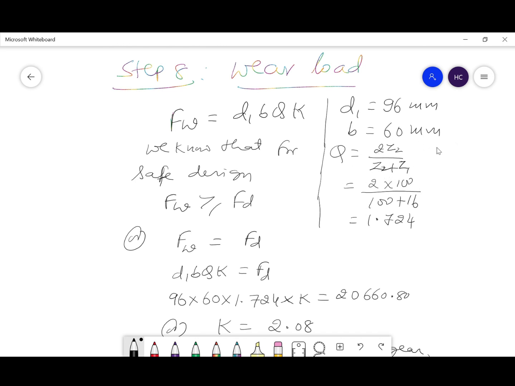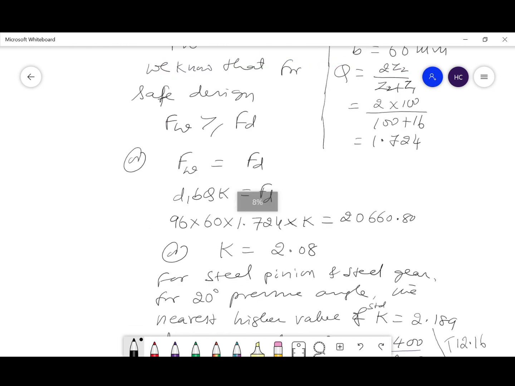That's also equal to 2 D2 by D2 plus D1. After substituting these values, we get Q is equal to 1.724. And we know that for safe design, FW must be greater than or equal to FD. That is, wear load must be greater than or equal to dynamic load.